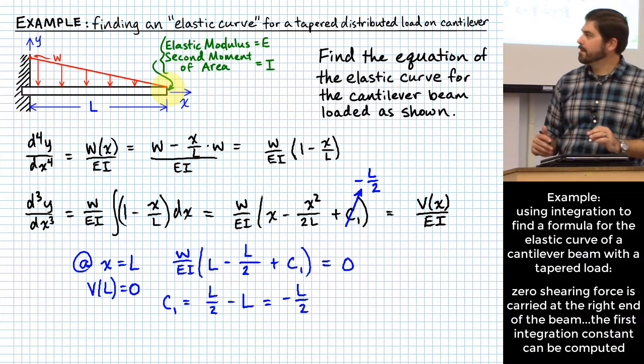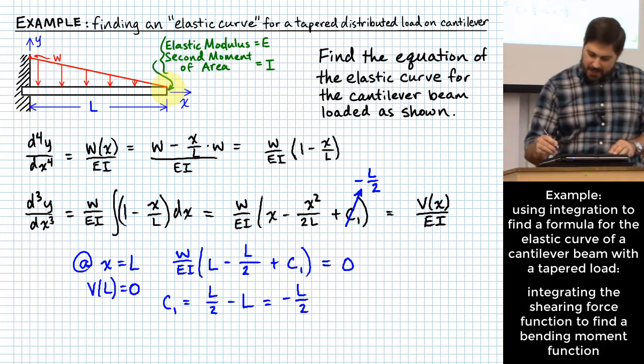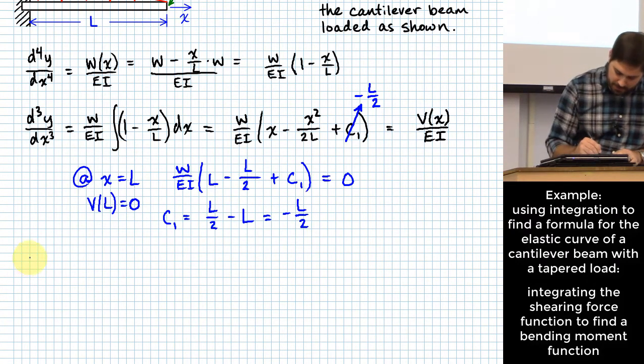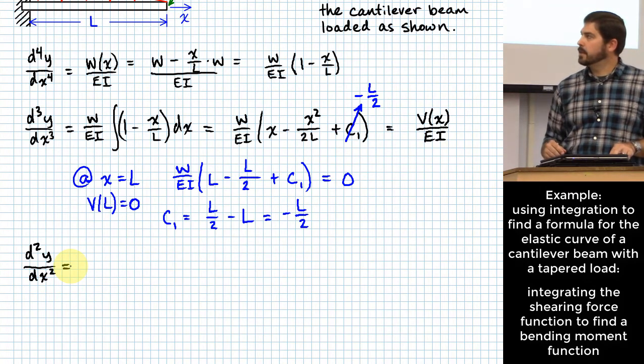Okay? What do you think our next step is? We're going to take another integral, right? If we take another integral of the left side, we go to the second derivative, right? And how do I do that?